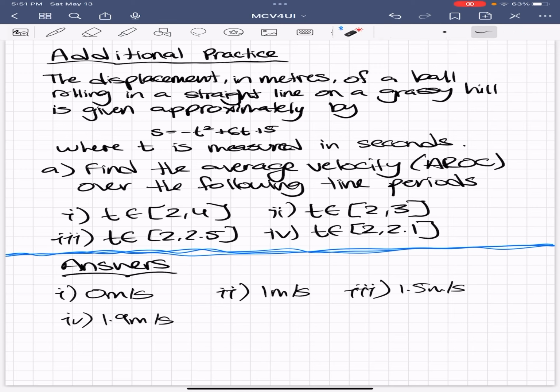So find the average velocity, or average rate of change, for the following time periods. They already give you the t values for x1 and x2, so you don't have to calculate them. And I have the answers down here. I'll give you a moment to pause and write them down if you feel like doing additional practice.